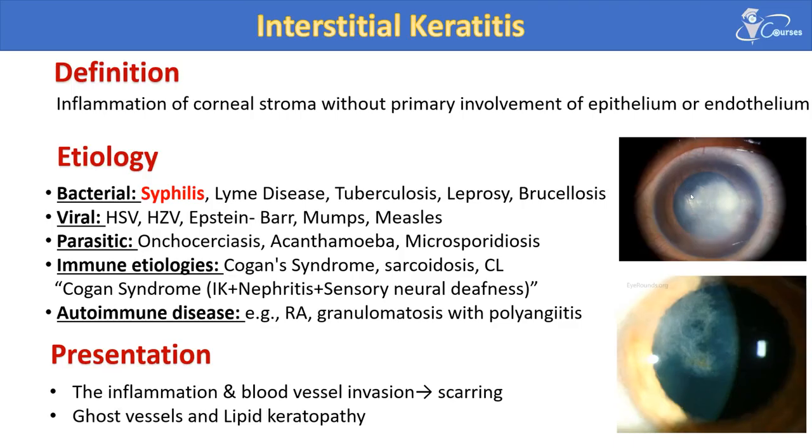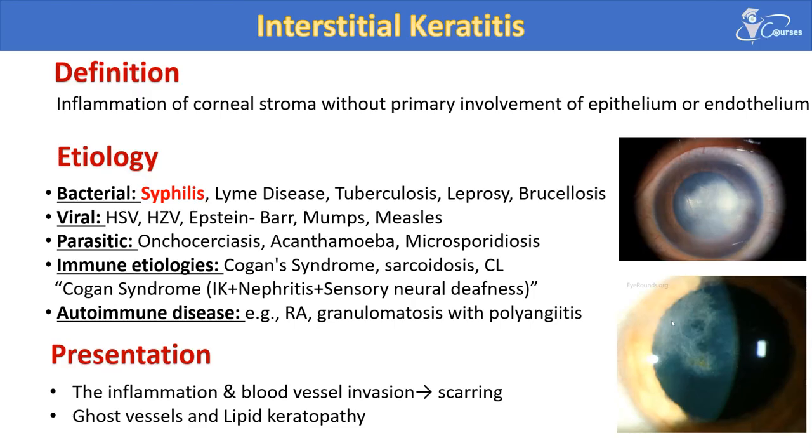These blood vessels will try to bring antibodies and relieve the inflammation. As the inflammation resolves, this will result in scarring. After that, these blood vessels will ooze lipids, leading to what is called lipid keratopathy, together with the scarring, and eventually there will be what are called ghost blood vessels.